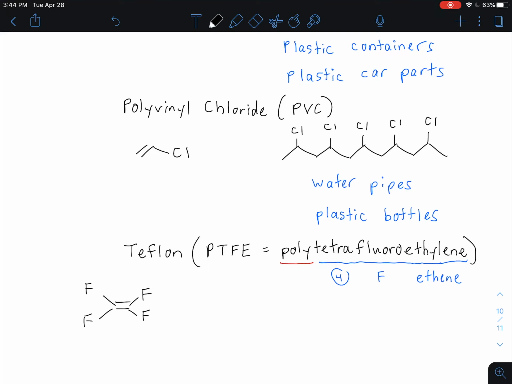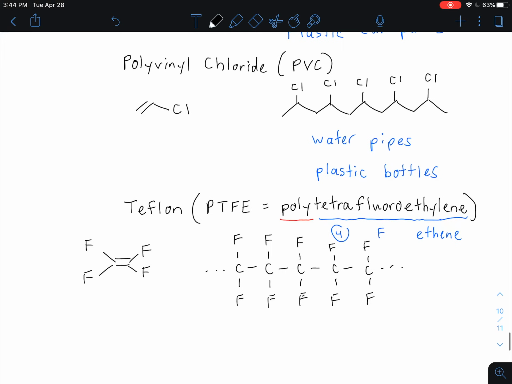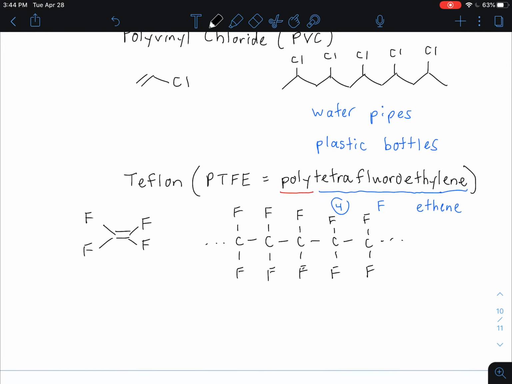So all Teflon is a saturated polymer with fluorines everywhere. So let me draw it a little bit differently here. So imagine that every carbon that's attached has fluorines on it throughout the carbon chain. So what we know Teflon for is its non-stick properties.